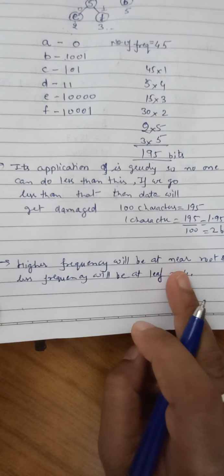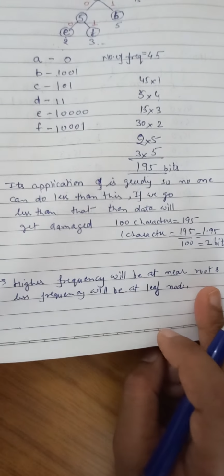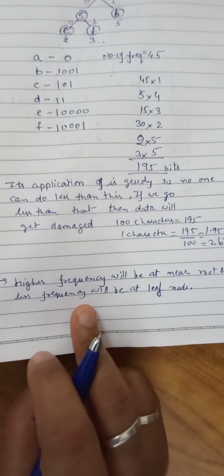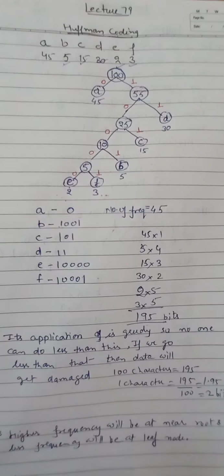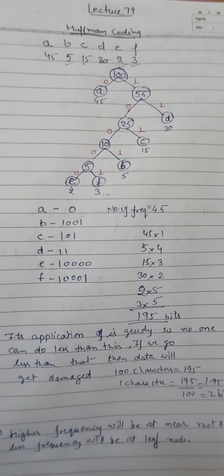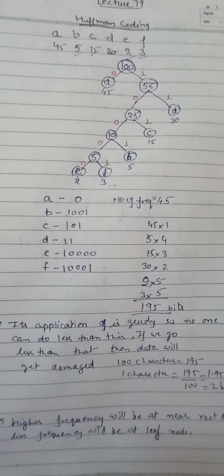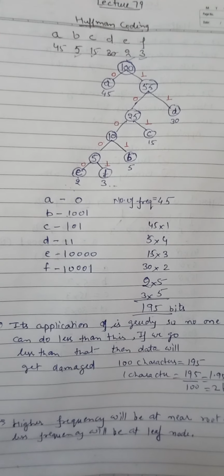So a higher frequency is near the root for easy access, and a lower frequency, which is required less, is near the leaf node. So this is the way we can design Huffman coding and reduce the number of bits according to the usage of the character.